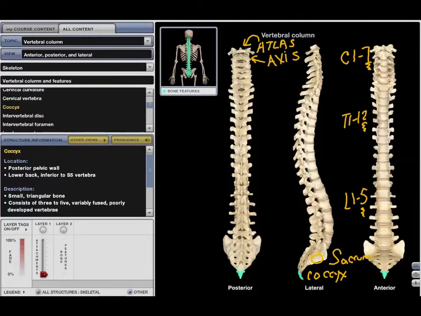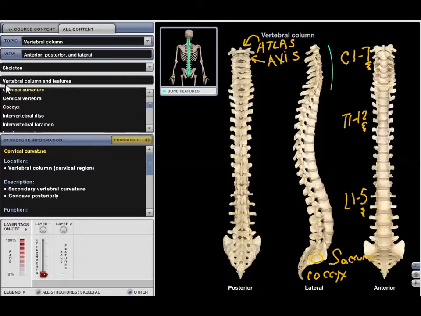Next, we'll talk about the spinal curvatures that are associated with each region of the vertebral column. The geometry of these curvatures enables the spine to much better support the weight of the body than if it were perfectly straight. And the curvatures line up with the regions we just talked about. So first we have the cervical curvature right here.